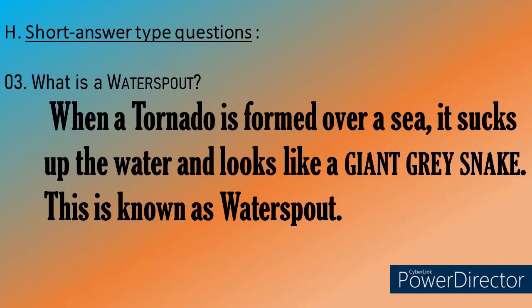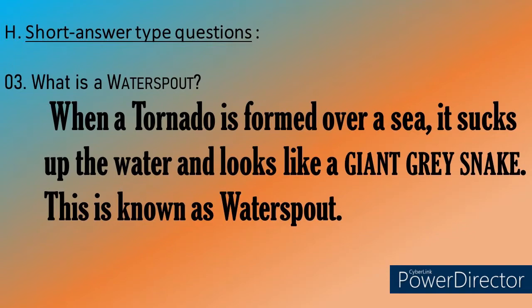Then third question is, what is a water spout? When a tornado is formed over a sea, it sucks up the water and looks like a giant grey snake. This is known as a water spout. Generally cyclones suck up what is in their path.